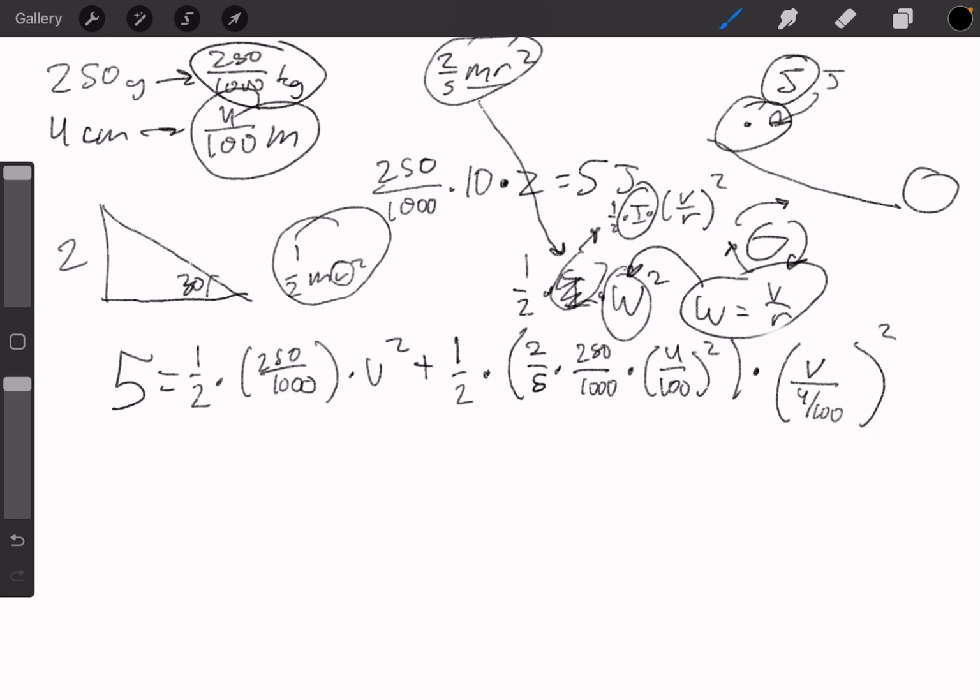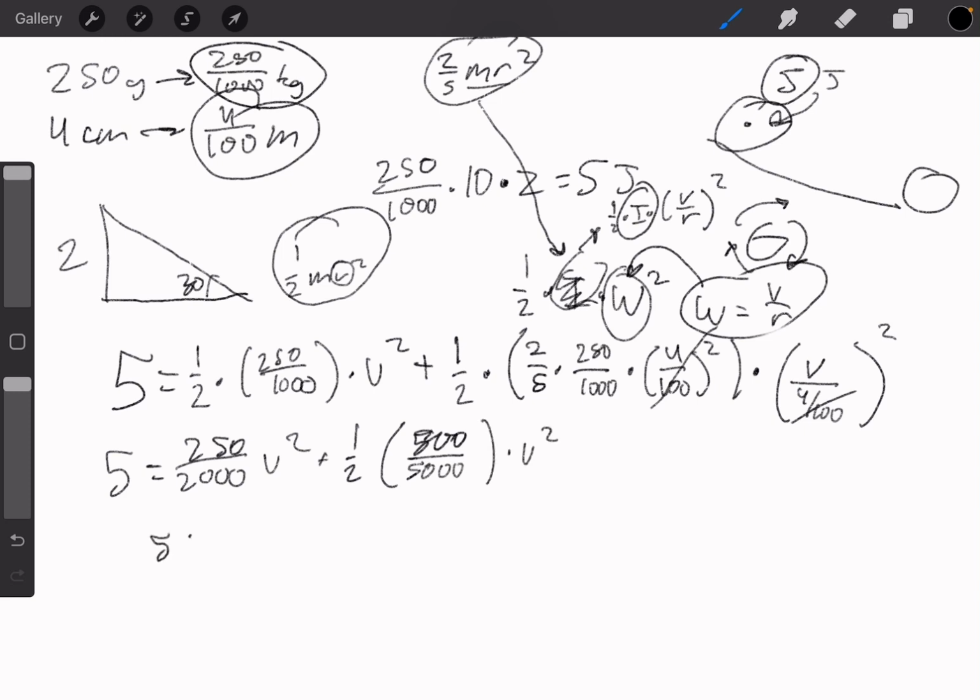Let's try to solve this without a calculator for a second. When we apply the square to both of these, this will become 4 over 100 squared, and this is already 4 over 100 squared, so these two easily cancel out. Now we're left with 5 equals 250 over 2,000 v squared plus 1/2 times 500 over 5,000 times v squared.